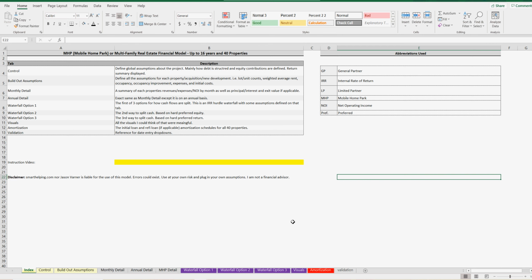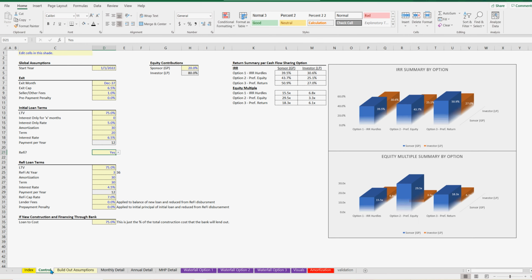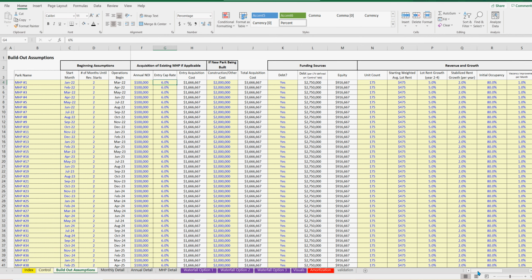And I really, the old mobile home park model I had just was not on this level. And now I'm very happy to make this upgrade. I think it's great. And this can be used not just for mobile home parks, like I said, but for general real estate acquisition deals and or construction of real estate where you're going to hold it for a long time.